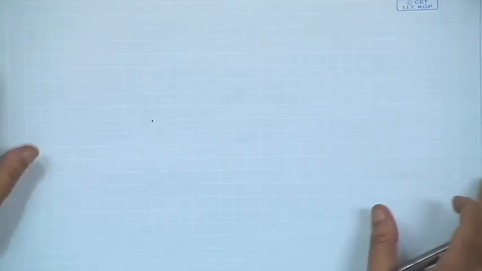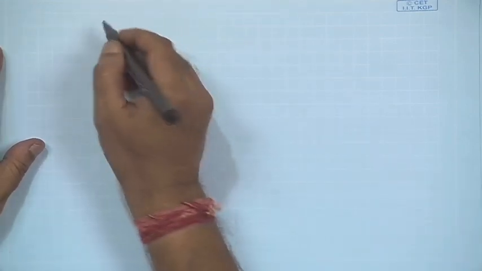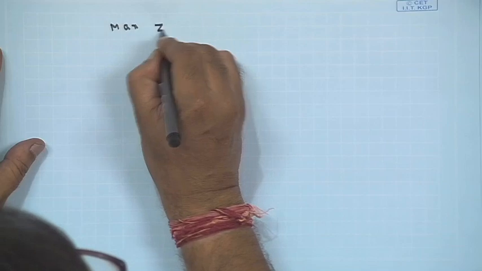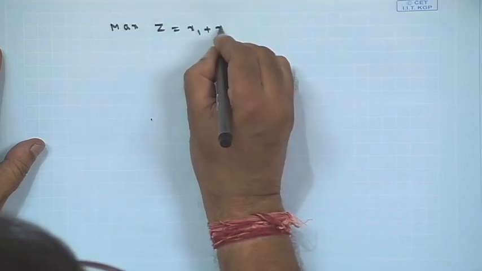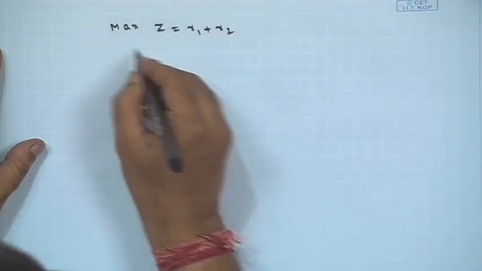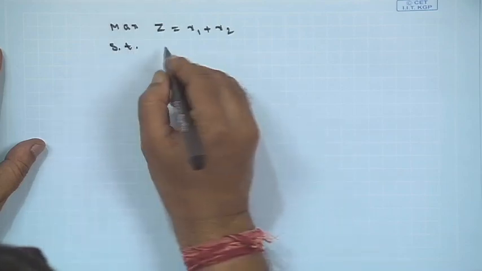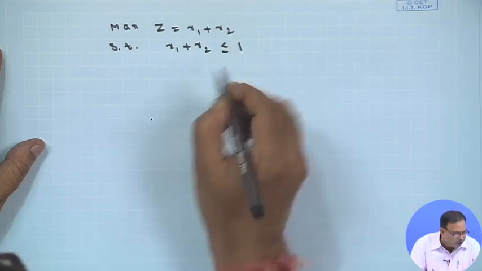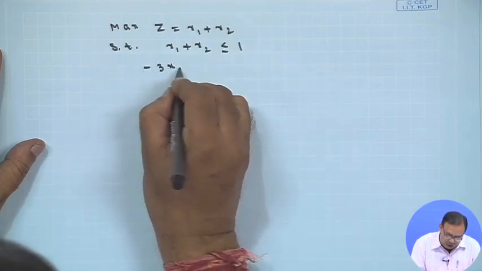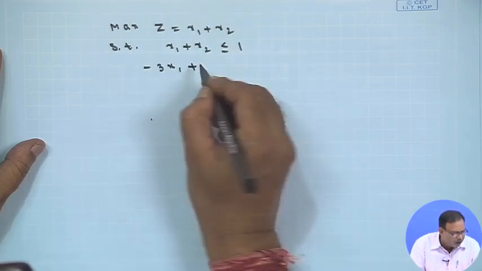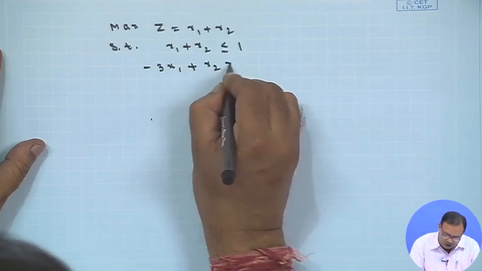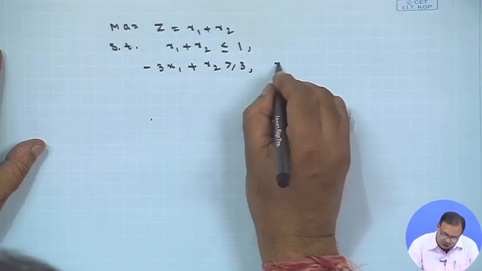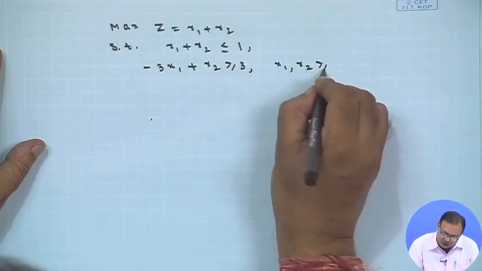The next problem, let us take: maximize z equals x1 plus x2 subject to x1 plus x2 less than or equal to 1, minus 3 x1 plus x2 greater than or equal to 3, and obviously x1, x2 greater than or equal to 0.